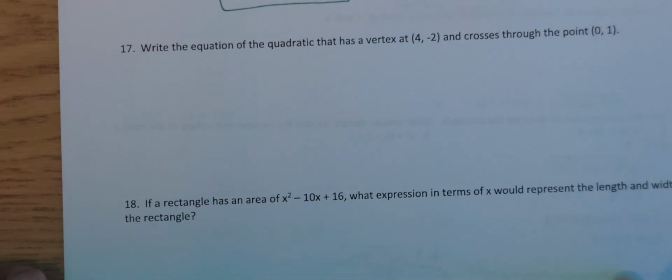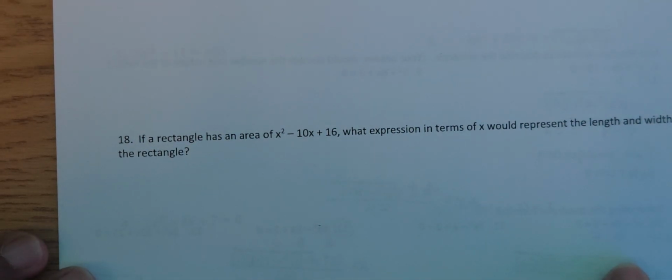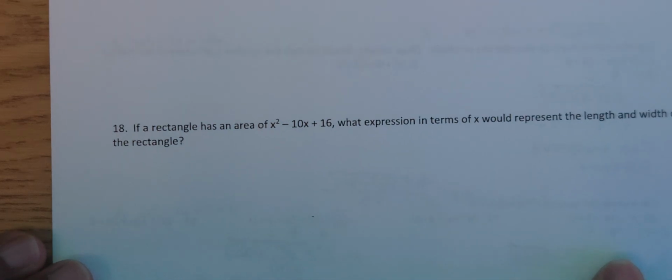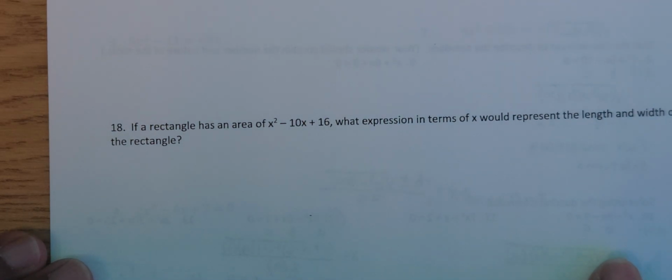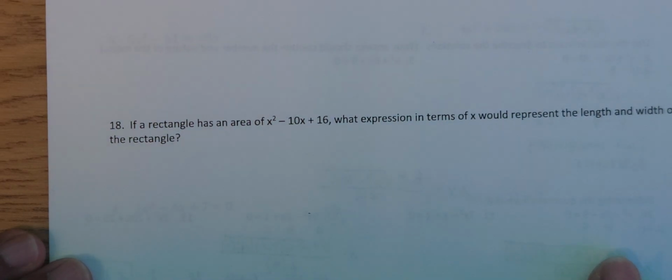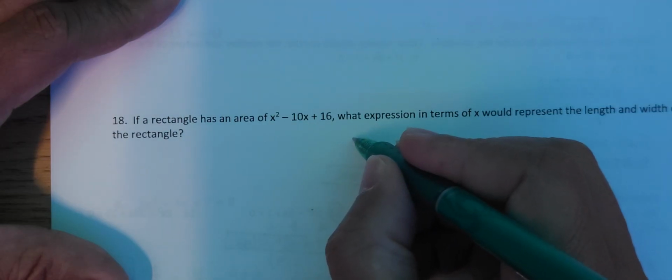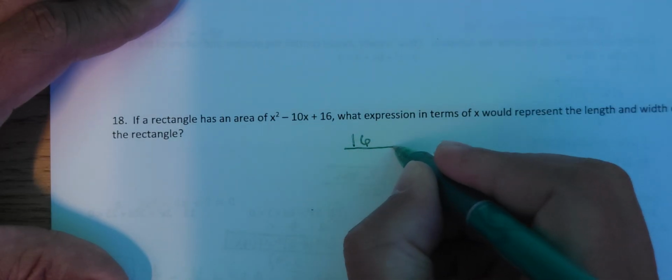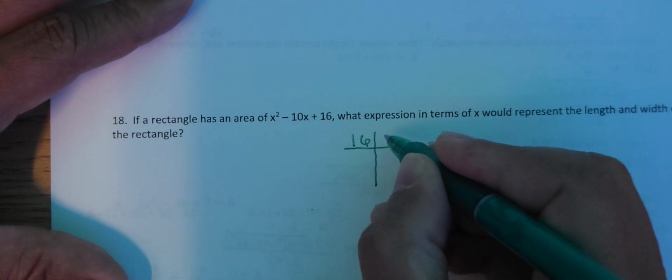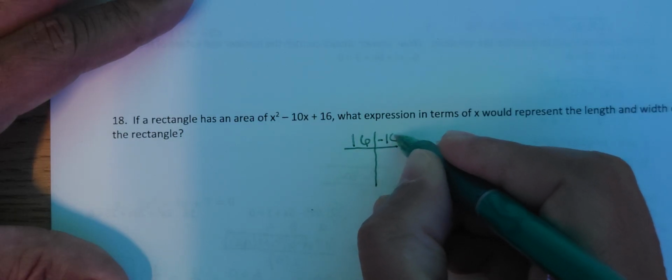All right, number 18. If a rectangle has an area of x squared minus 10x plus 16, what expression in terms of, let's say in terms of x would represent the length and width of the rectangle? So this is just asking you to factor. Since a is 1, then find multiples of the number 16 that when you add them, they add to -10.